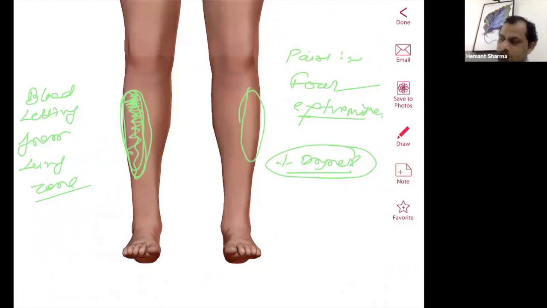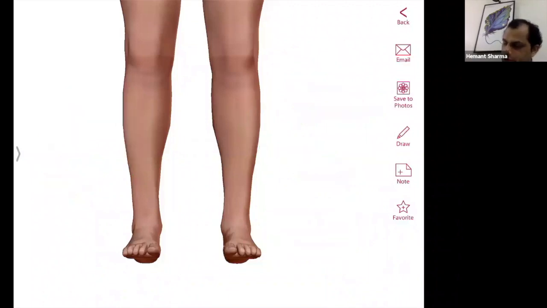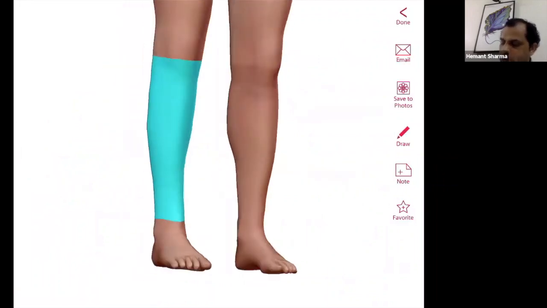If someone is suffering with pain in the four extremities, prick blood from the lung area, and after that you add lingu dava. This is an excellent treatment for pain happening in all four extremities. It means someone tells you, I have both hands, both arms paining, both legs paining.